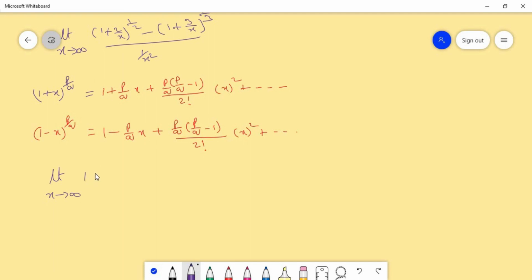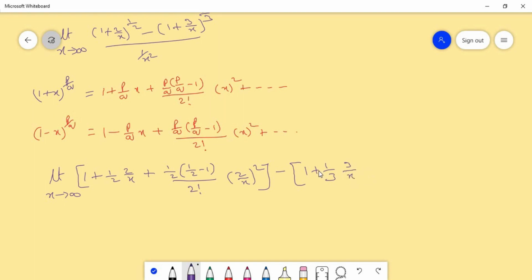This can be written as 1 plus 1 by 2 into 2 by x plus 1 by 2 into (1 by 2 minus 1) by 2 factorial into (2 by x) whole square, minus, up to now this is the first value, expansion, and minus 1 plus 1 by 3 into 3 by x.